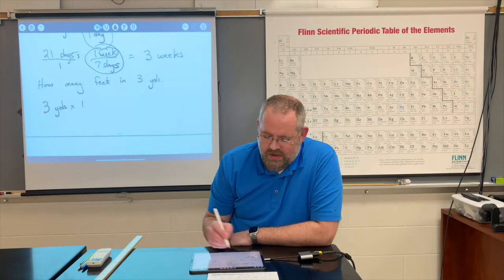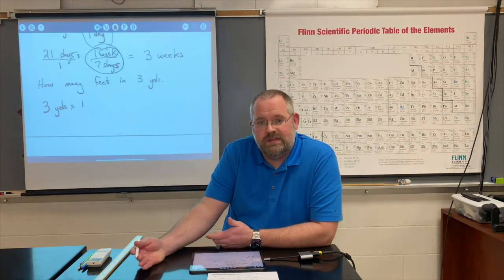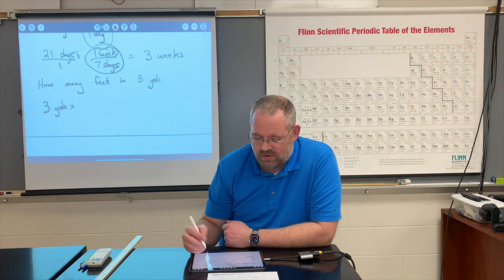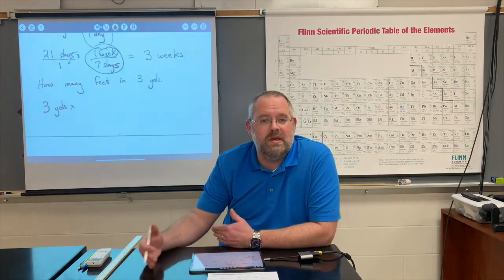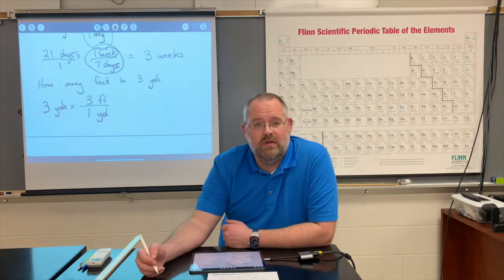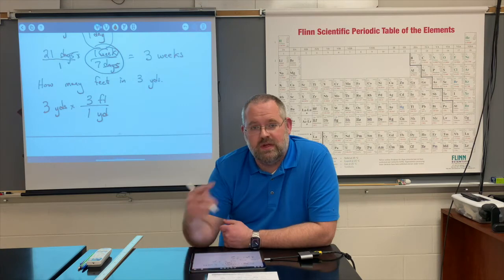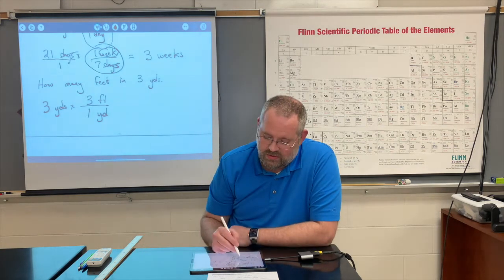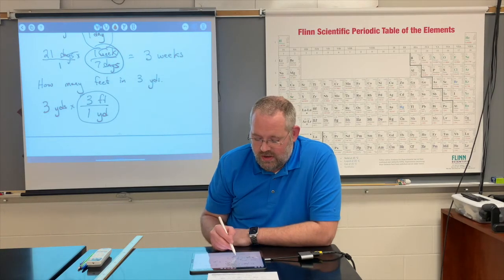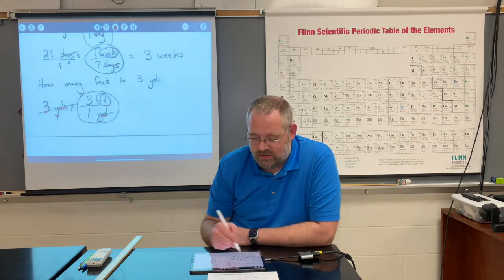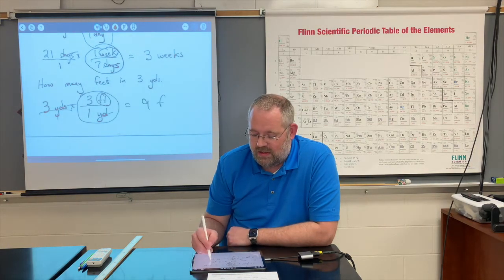And if I multiply 3 times 1, then I still have 3 yards. But all I need to do is change my units. So what I'm going to multiply this by is something that means 1, which is 3 feet in 1 yard. 3 feet in 1 yard is like saying 1 over 1, or that equals 1. So this value, my yards will cancel out and I'm left with feet as a unit. So 3 times 3 gives me 9 feet.